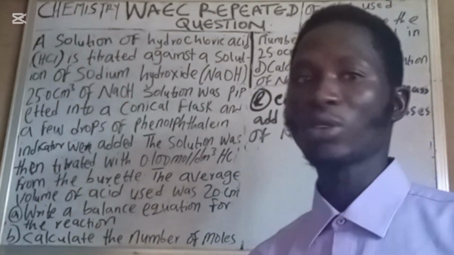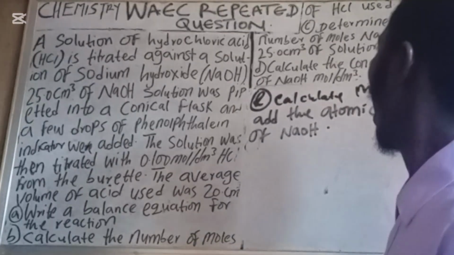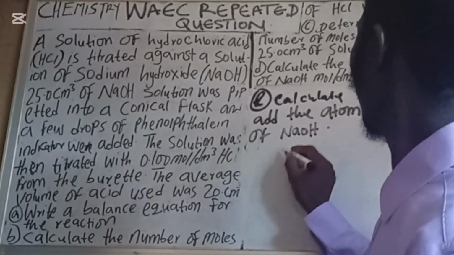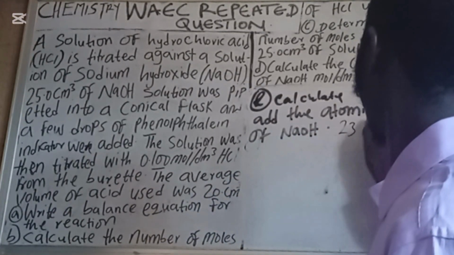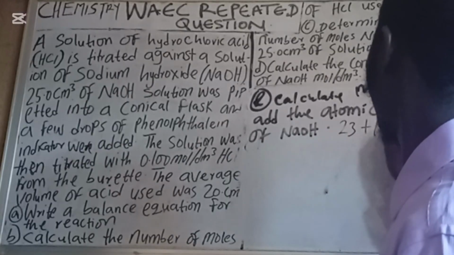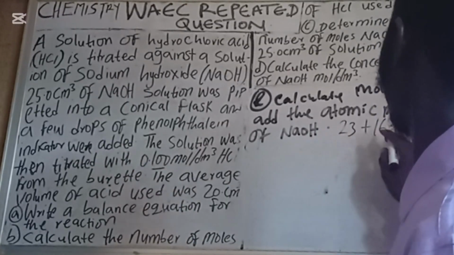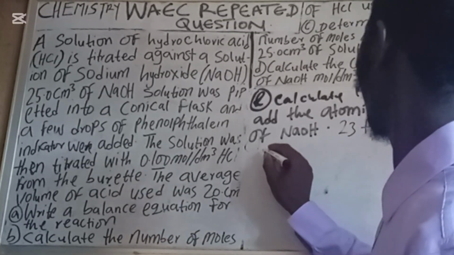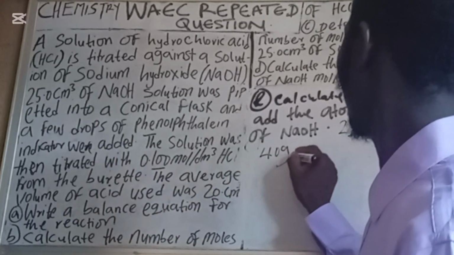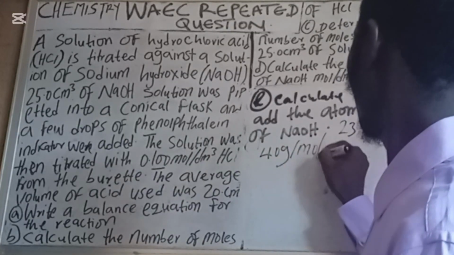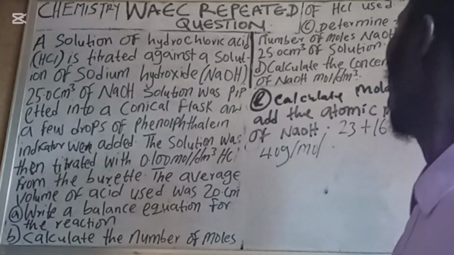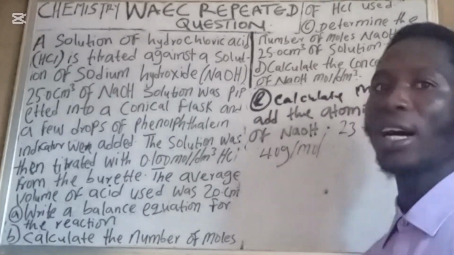So we have Na is 23 plus oxygen is 16, hydrogen is 1. So 23 plus 16 plus 1 will give us 40 gram per mole. So molar mass is measured in gram per mole.